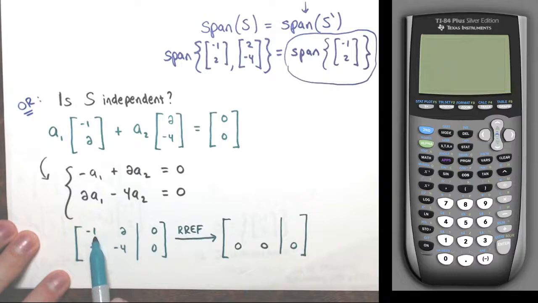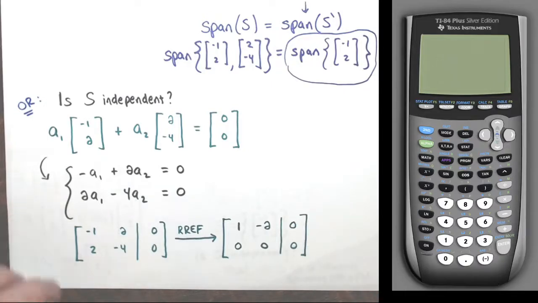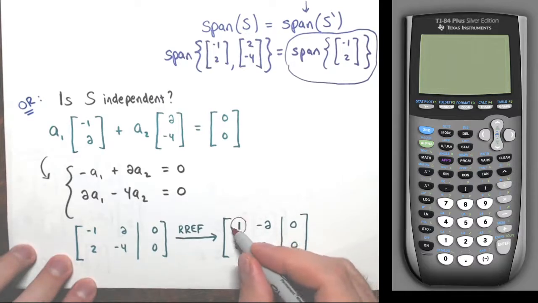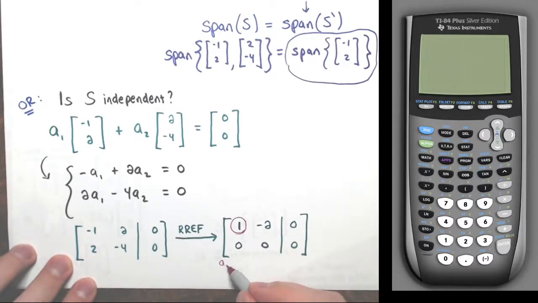And then up top, multiply that by -1 to make that a lead 1, right? 1, then -2, then 0. And look at this. You see that there's a pivot column. So A1 is a basic variable. And then the second column is not a pivot column.